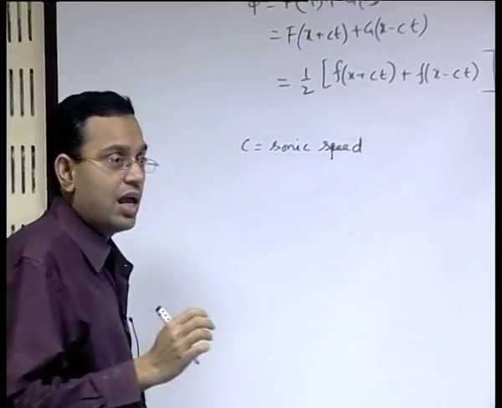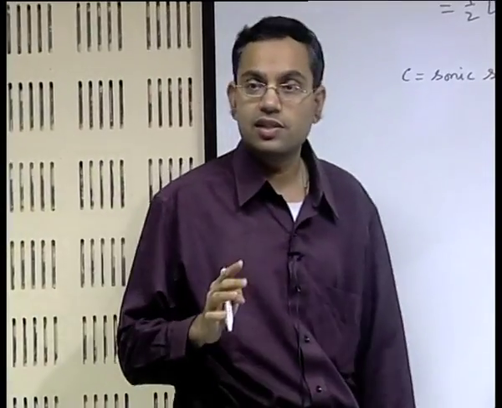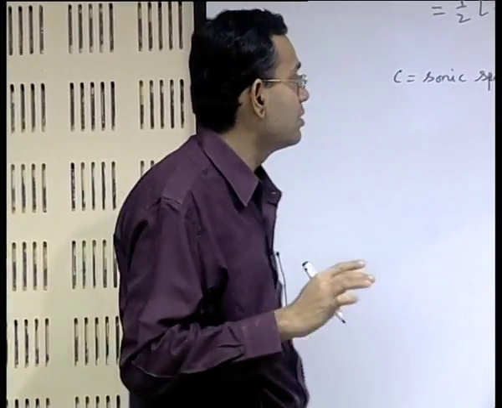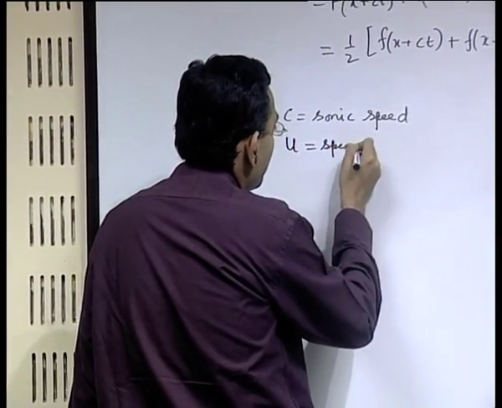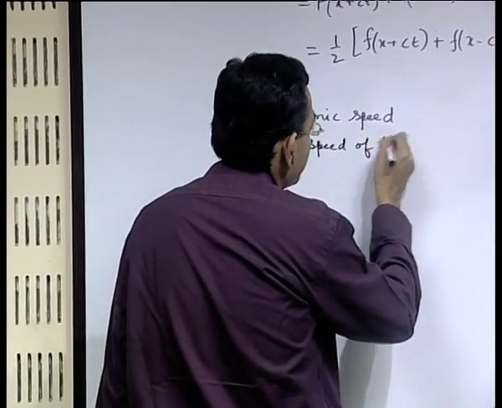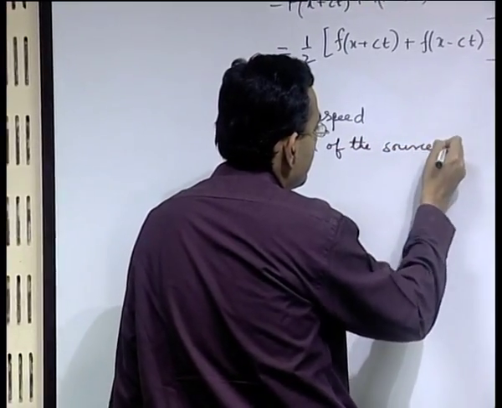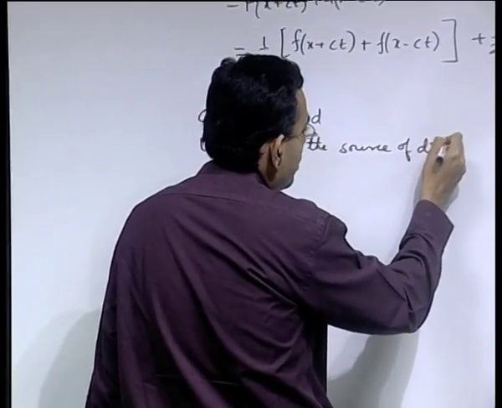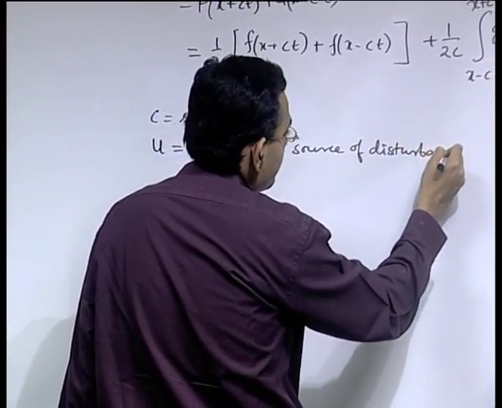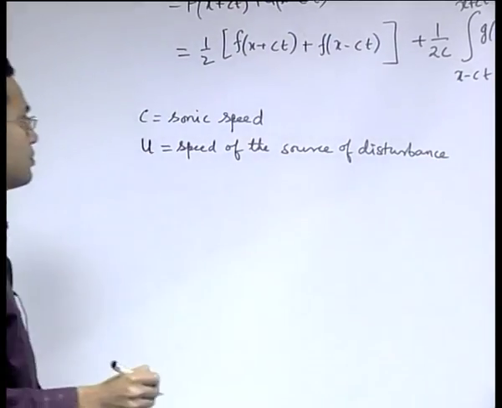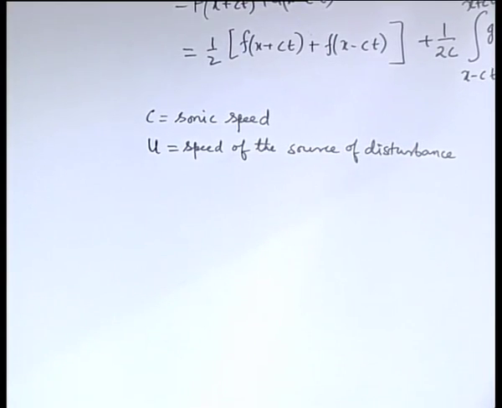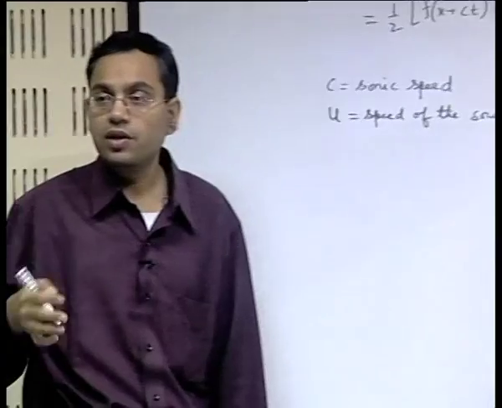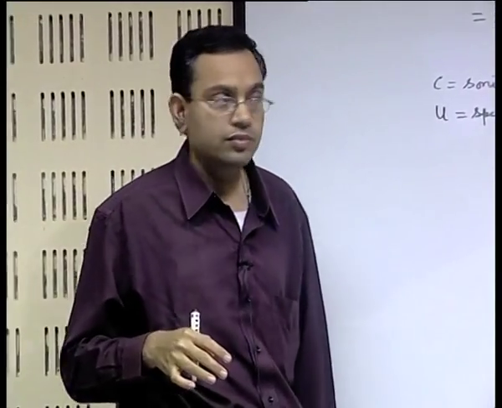This is the speed at which the disturbance propagates, and let us say that u is the speed of the source of disturbance. Or the speed of flow, so to say, if the flow is the source of disturbance.